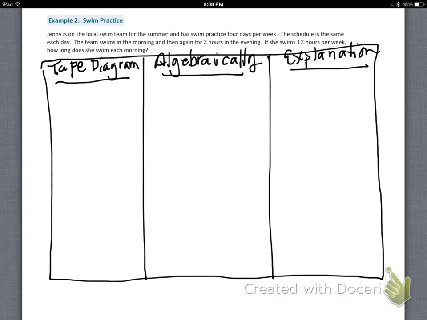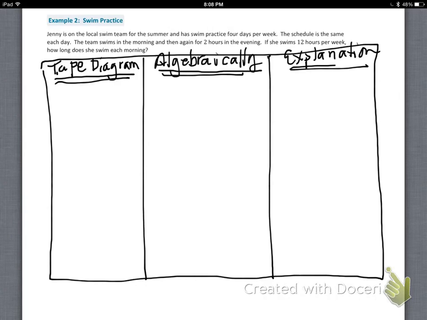Okay, so we're going to do this next example here called swim practice, and I'd like you to lay out a table chart that looks like this, because I would like you to solve it using a tape diagram in the one section, and then solve it algebraically in that middle section.